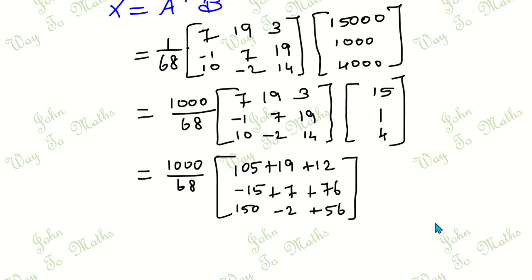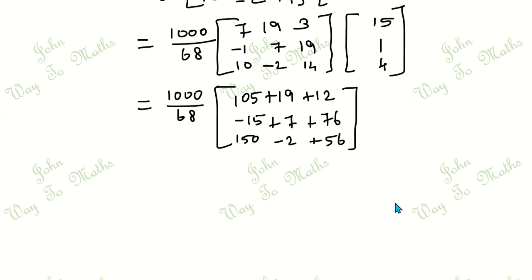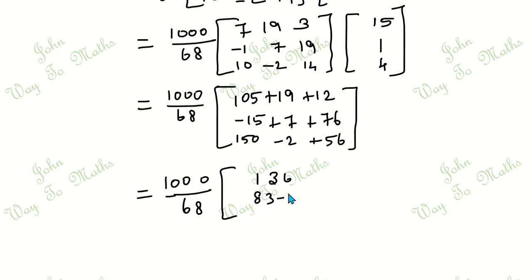So now I'm going to add these values. First one 105 plus 19 plus 12 becomes 136. Second one 7 plus 76 becomes 83 minus 15. So third one 150 plus 56 becomes 206 minus 2.